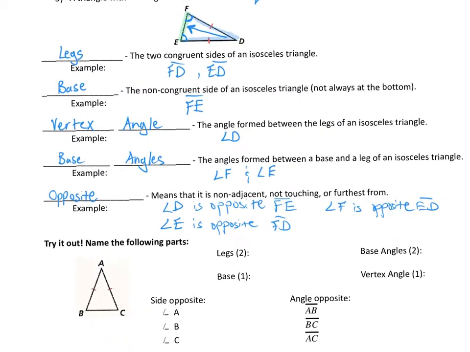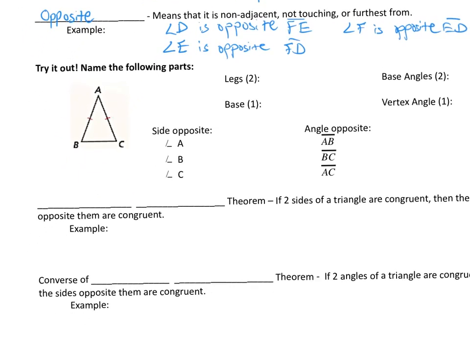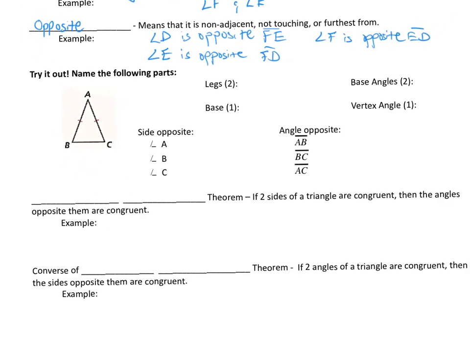Let's try some of these other examples dealing with isosceles triangles. Let's look at this new picture, triangle ABC. Let's name our legs. Remember, the legs are the sides that are congruent to each other.